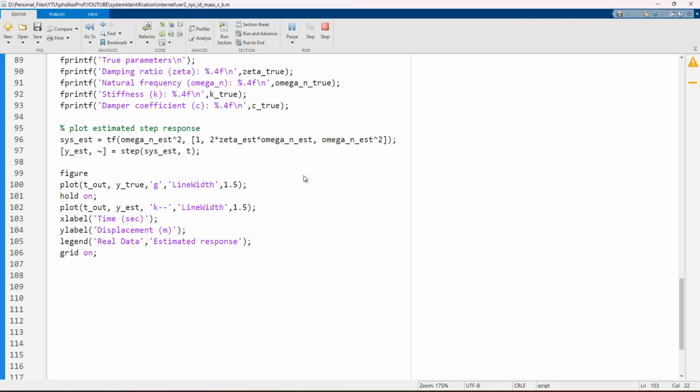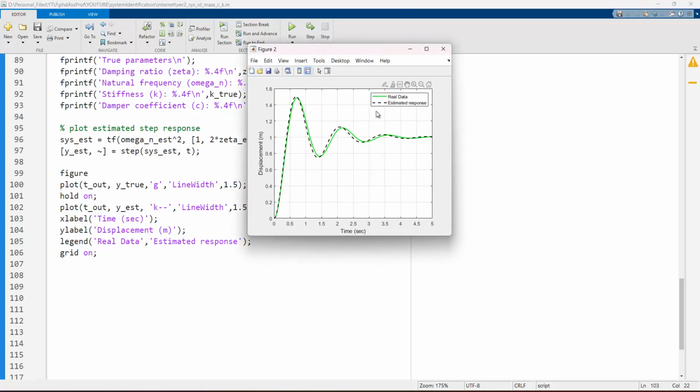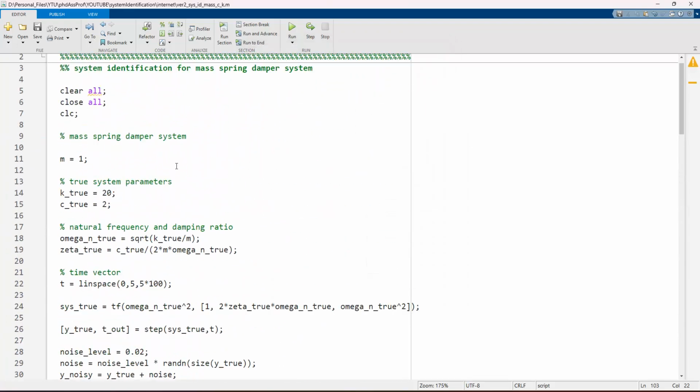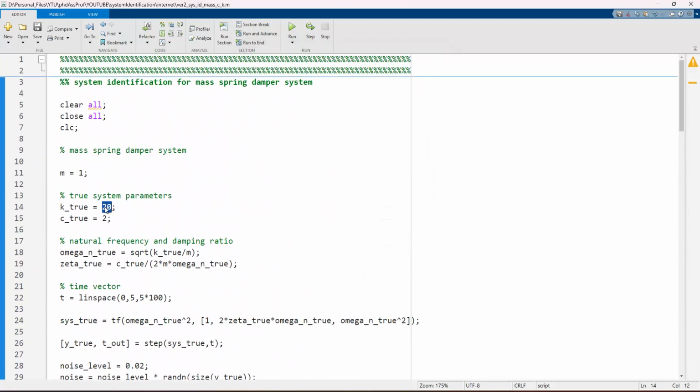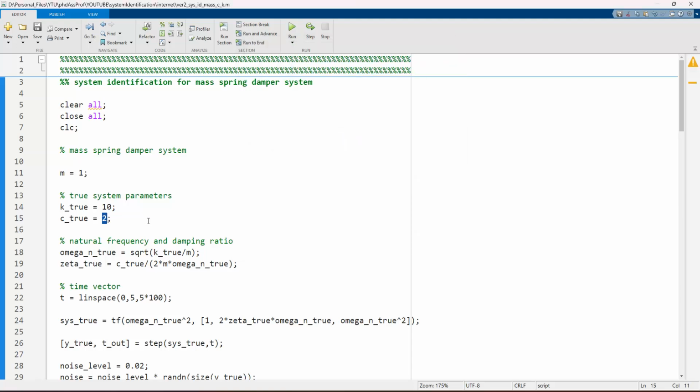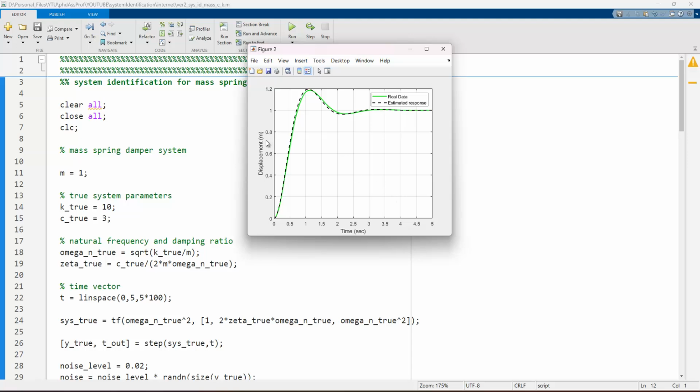And so if I rerun this code, we will have the same results. But for example, if I choose different values of these terms, for example this is equal to 10, or we can assign the C true value equal to 3, we can also model these terms just like this.